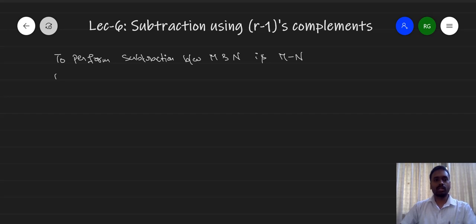The first one is to add the minuend m to the r-1's complement of the subtrahend n.